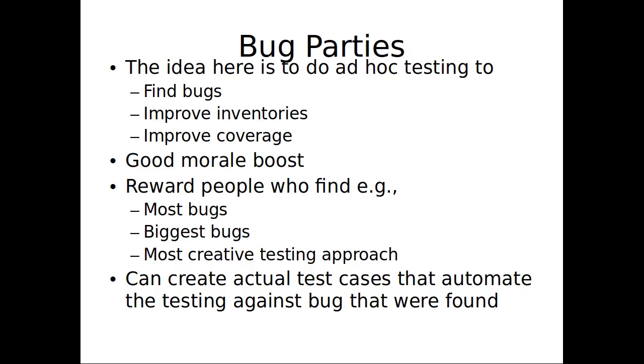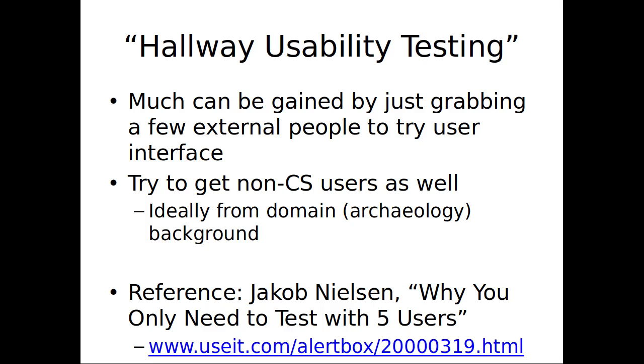So if you do simultaneous bug parties, it'll give you a sense of how many undiagnosed defects are out there, which may sound counterintuitive, but it's a very practical thing. You can get a sense of how many defects might be out there that we don't know about. Gives you a sense of what we don't know about yet.